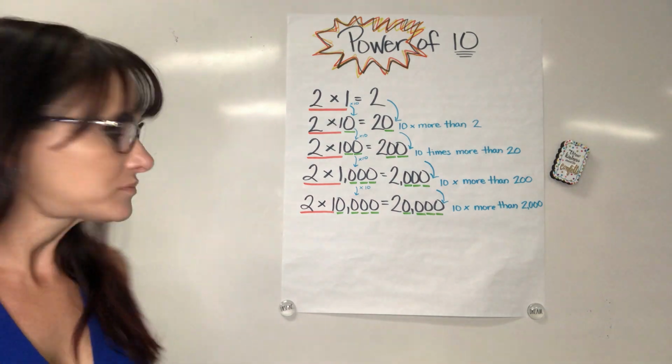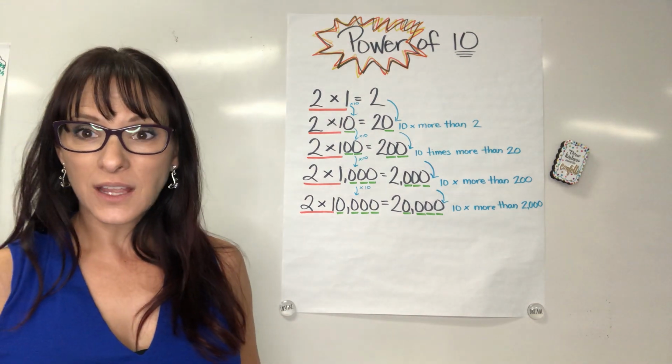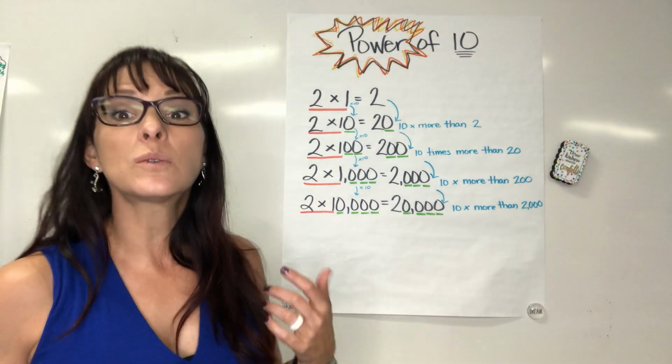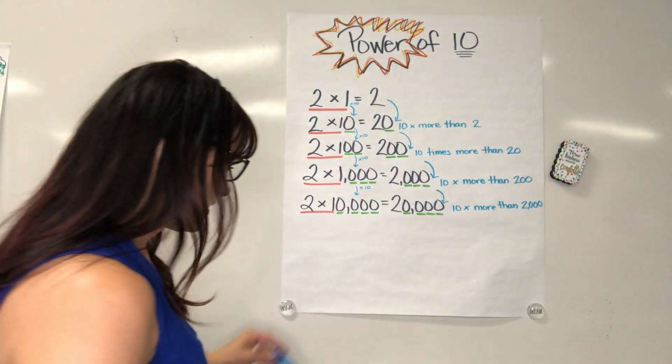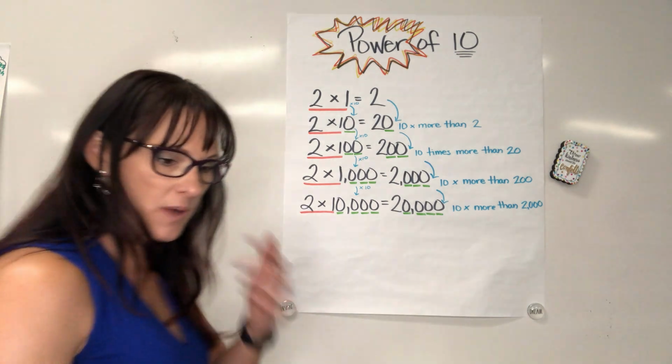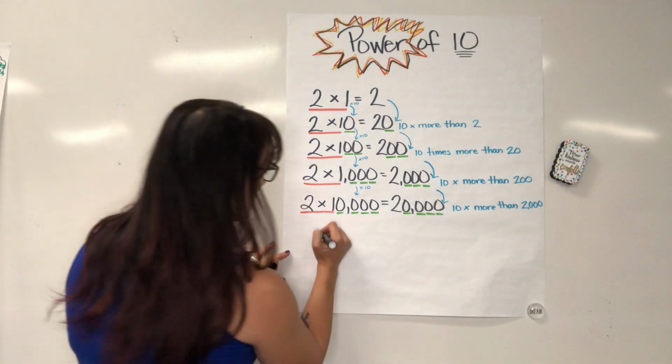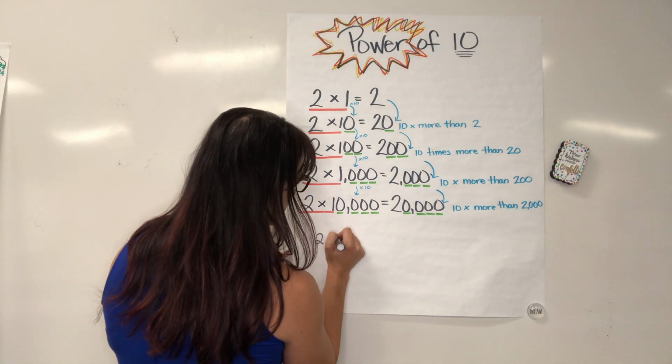Okay, so we're gonna do another one. We're gonna kick it up just a little bit so that you can see how it's gonna relate to other numbers. We're gonna stick with 2, but we're gonna do 2 times 4 this time.